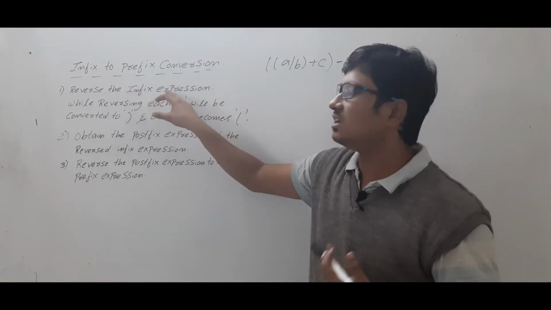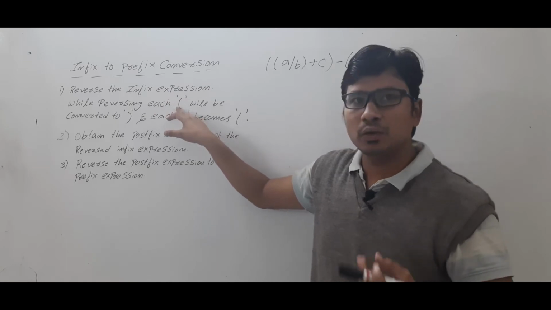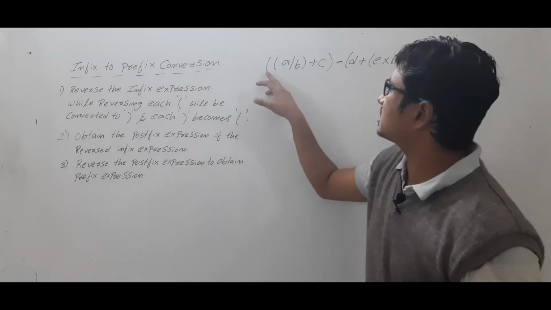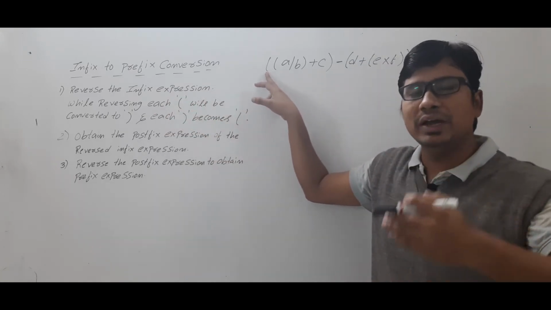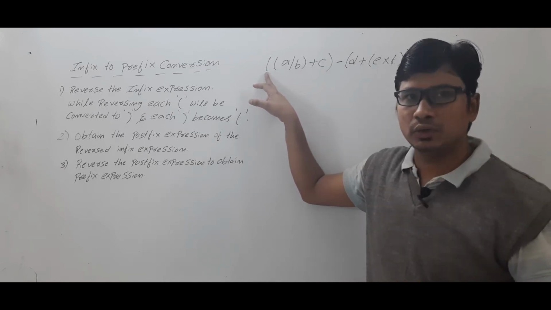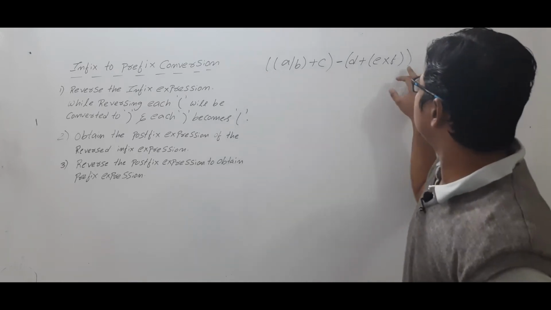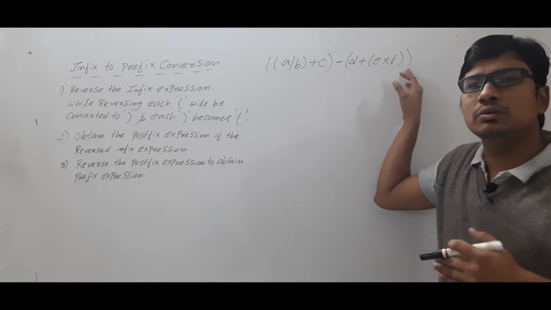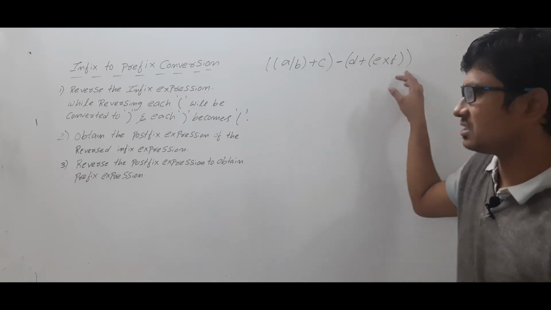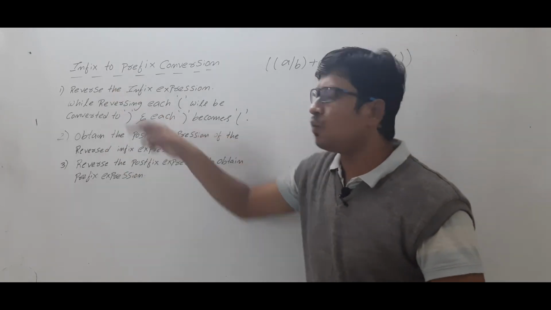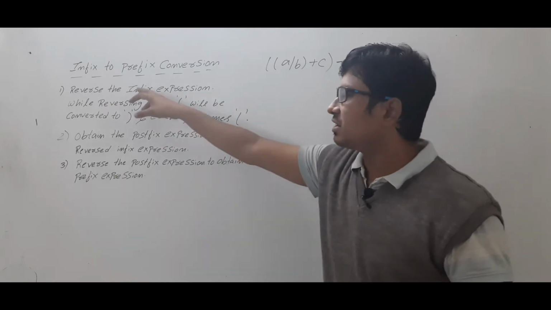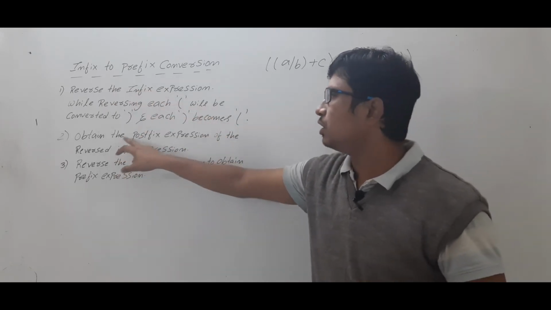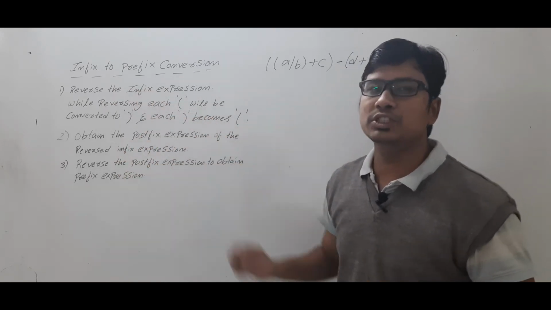While reversing the infix expression, if you get an open parenthesis, you need to convert it into a closed parenthesis. If there is a closed parenthesis, you need to make it into an open parenthesis. Now, once you reverse it, for the reversed infix expression you need to obtain the postfix expression.